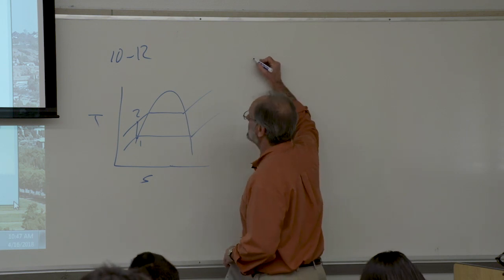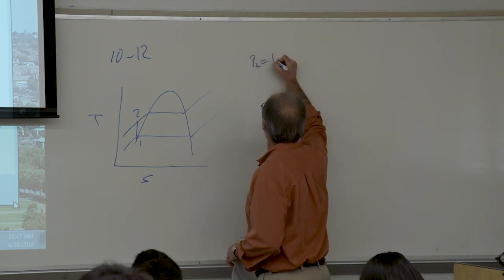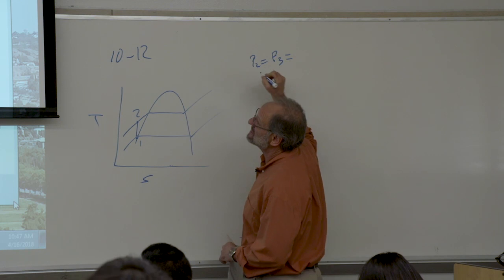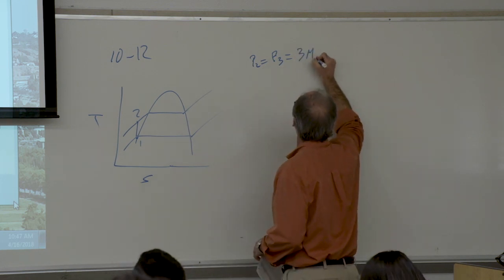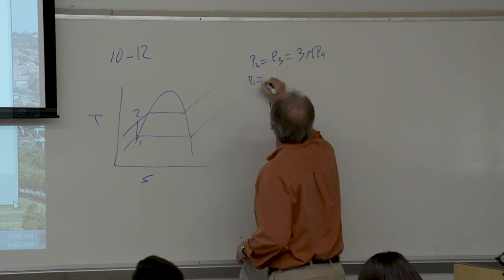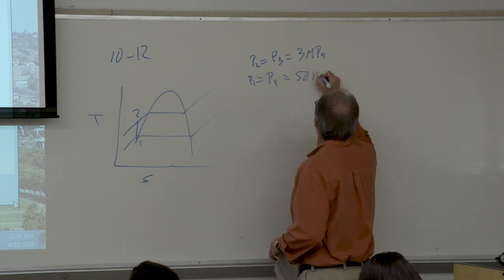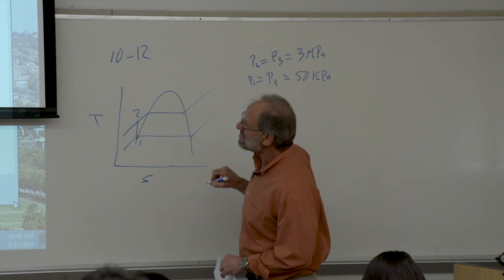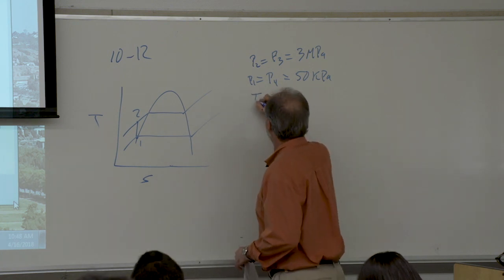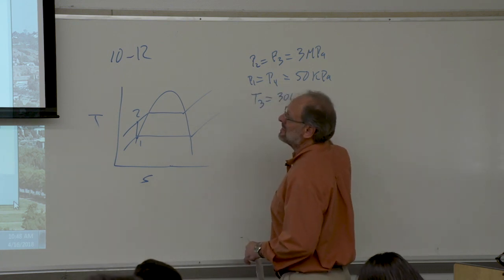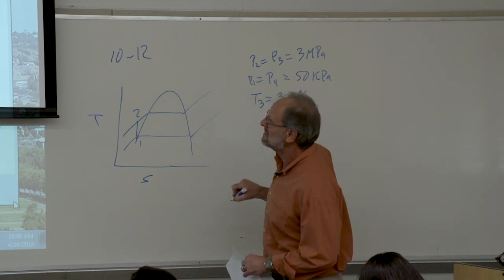So we have our pressure limits. So we're given P2 and P3. That's our maximum pressure of 3 megapascal. And we have our minimum pressure, which is P1 and P4, which is 50 kilopascal. We're given the turbine inlet temperature of 300 degrees Celsius.